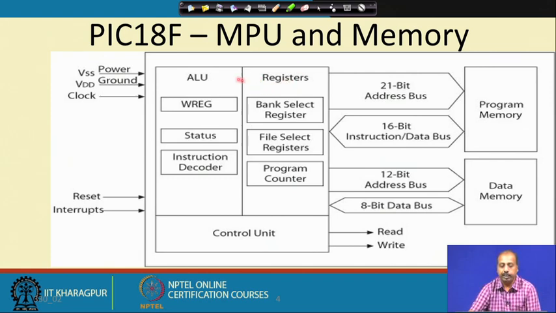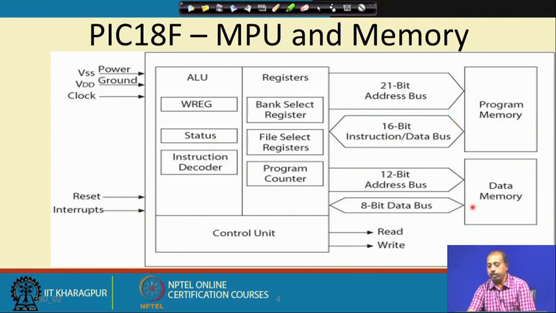This PIC18F family has a 21 bit address bus, that is 2 MB of program memory, and a 16 bit instruction or data bus. So you have 2 mega locations, and each location is 16 bit wide.